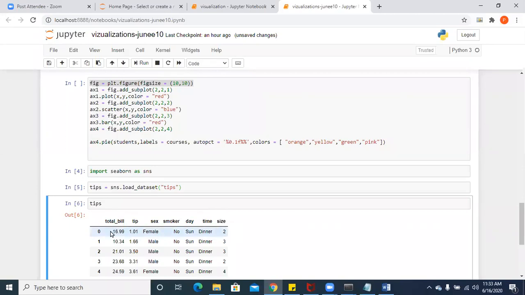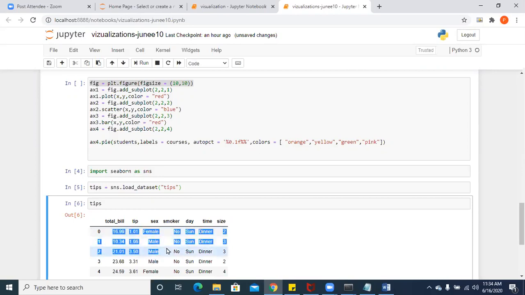In the first observation, two people came at dinner time on a Sunday, they were not smokers, they were females who paid a bill of 16.99 and gave a tip of 1.01.